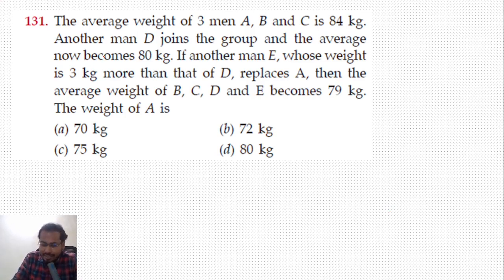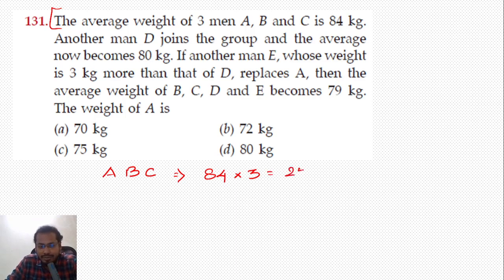Whenever the concept starts with the average, the average weight of three men, so there are three men, A, B and C, is 84 kg. So average is 84 means each person is 84. That is the concept. So I need to write 84 times 3. This is the first step I need to write.